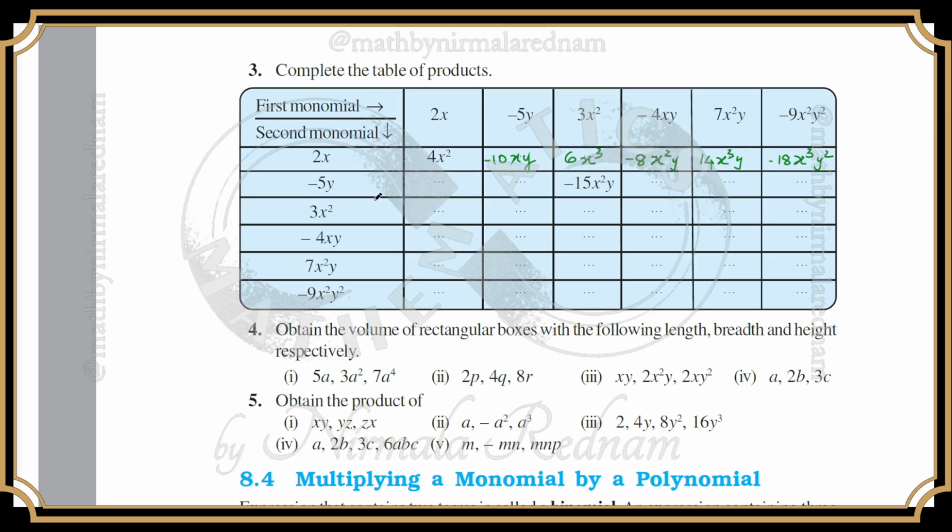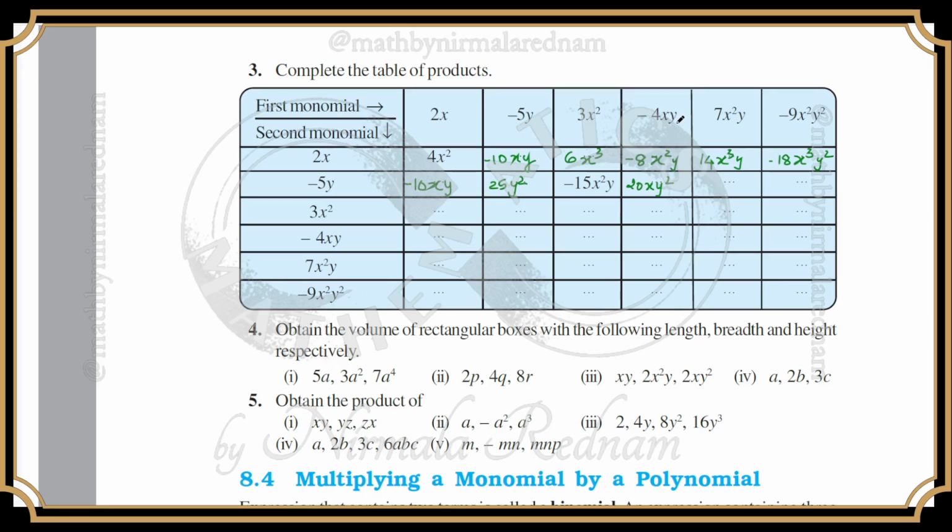Okay, come to the next second row, minus 5y into 2x, minus 10. I'm going to write the x term first as a convention and then y, right? And minus 5 into minus 5 is nothing but 25. I have y square. Y into y is y square. Okay, and here I have minus 5 into minus 4 is 20, x y square, right?